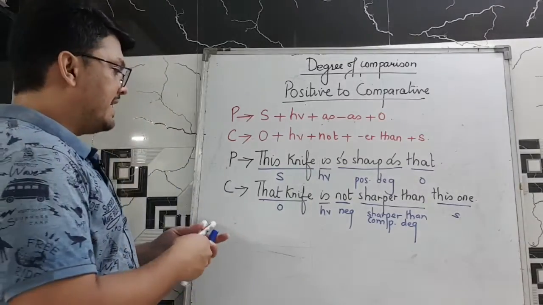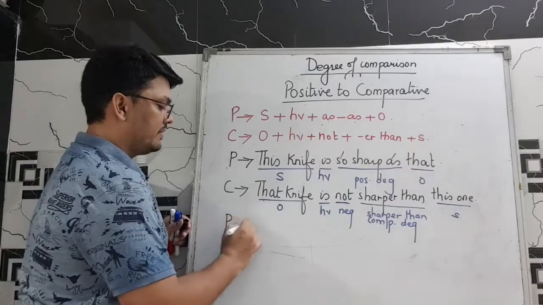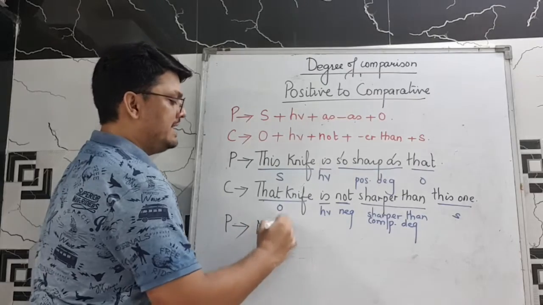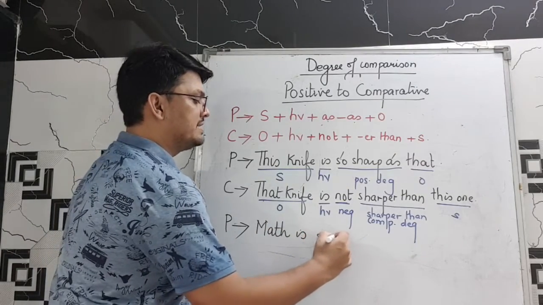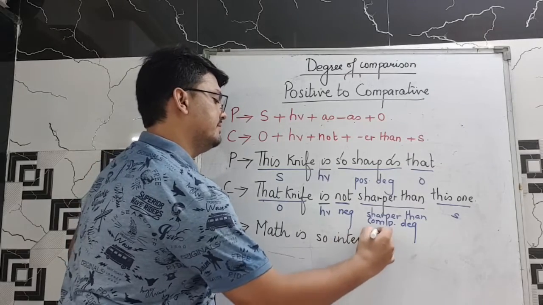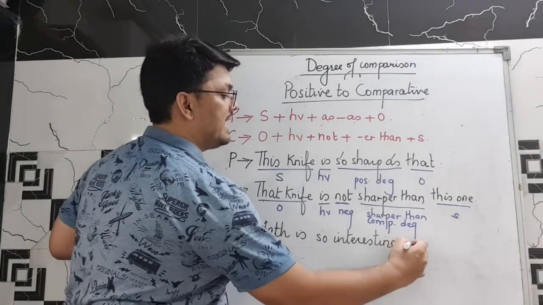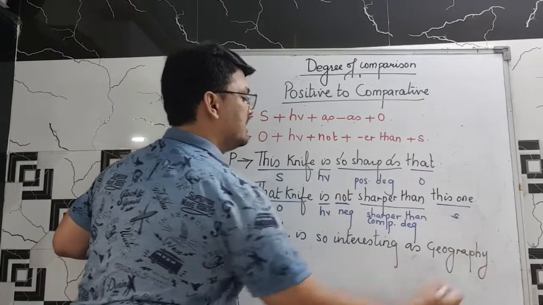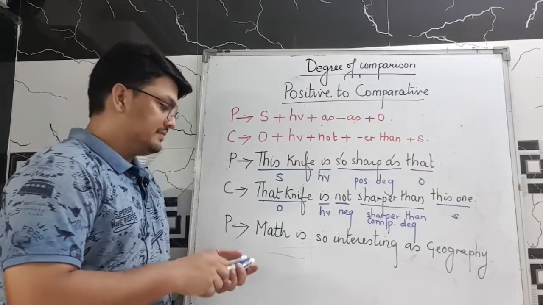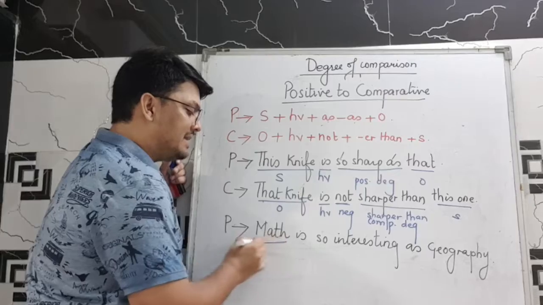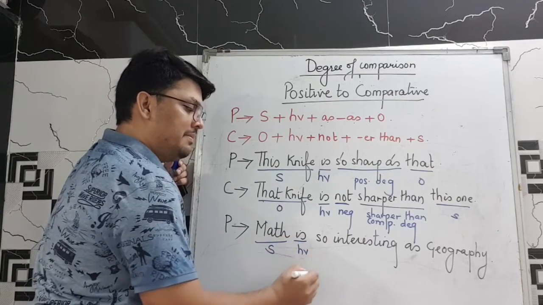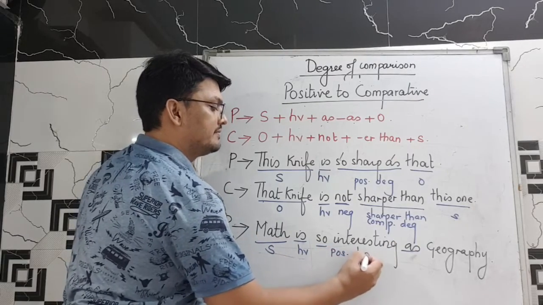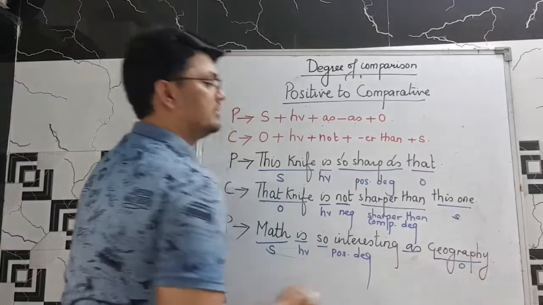Okay. Now let's take another example. Math is so interesting as geography. So let's analyze it. Math is my subject. This is helping verb. So interesting as, this is my positive degree. And geography is your object.